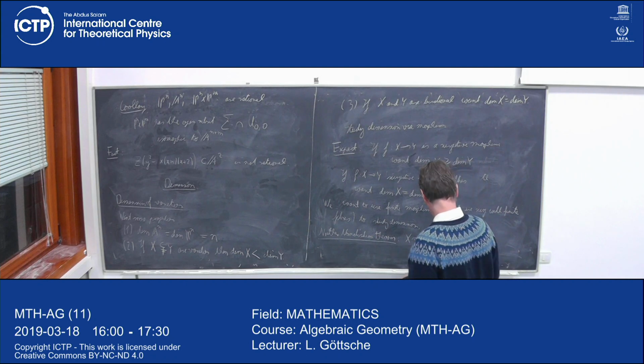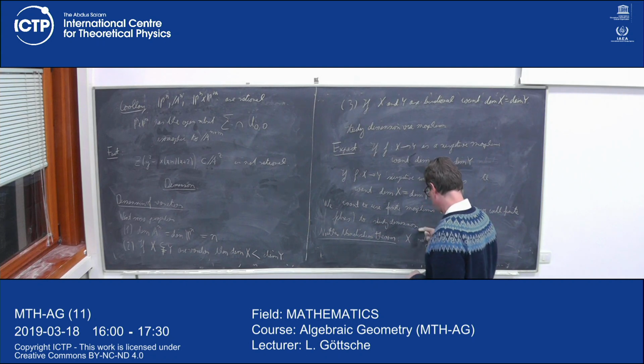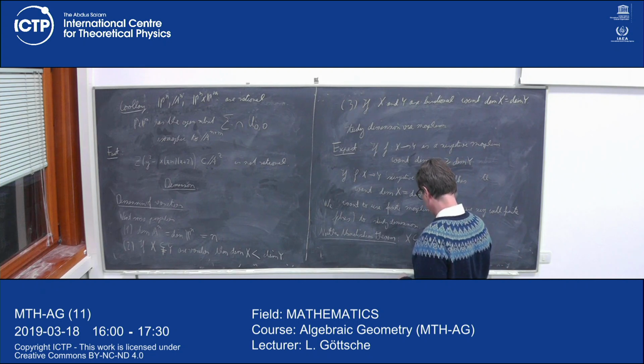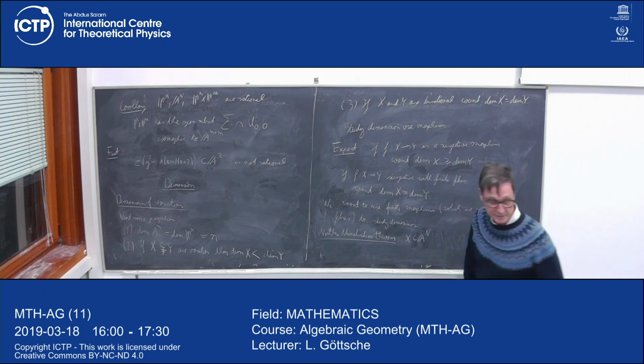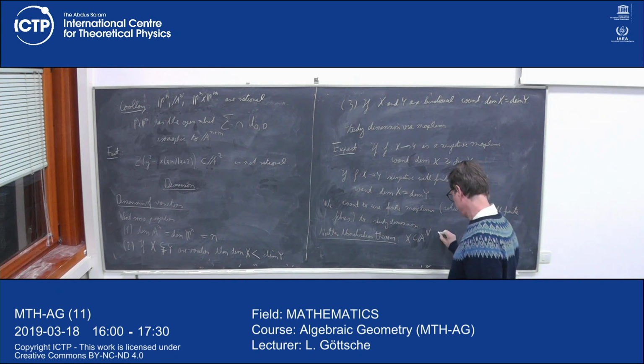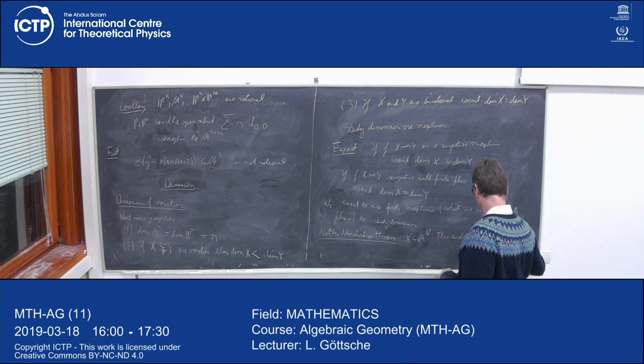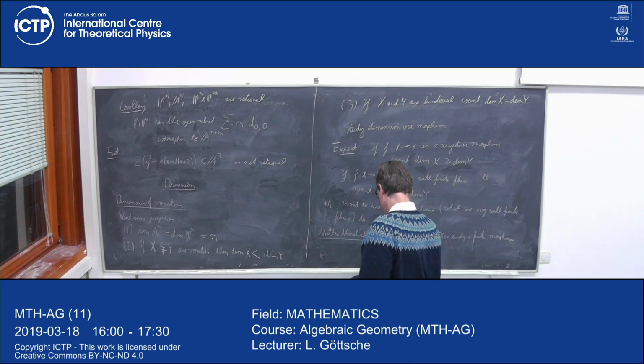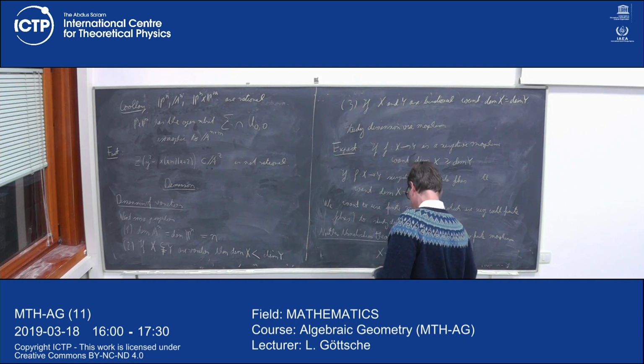So, I can assume that X is an affine variety in some affine space, because I can always replace it by an open subset, and it follows there exists a finite morphism from X to some A^n.